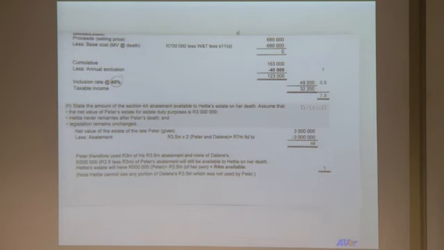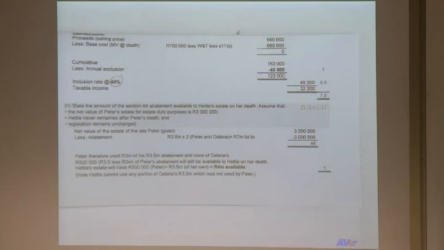Okay, the last one, 2H, said state the amount of section 4A abatement available to Hetty's estate on her death. Okay, so what you need to realize here is that Peter was previously married to Dalian, and any amount that Peter did not use from Dalian's abatements will not now carry forward to Hetty's 4A abatements.